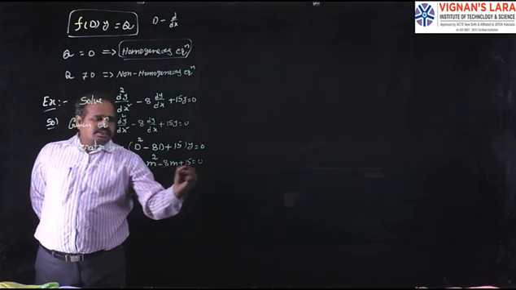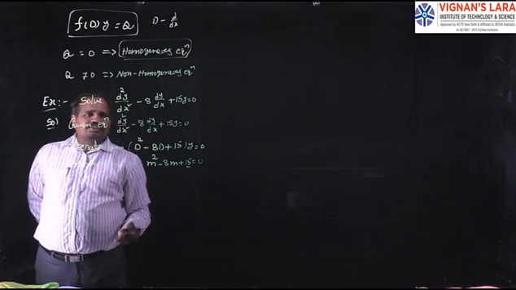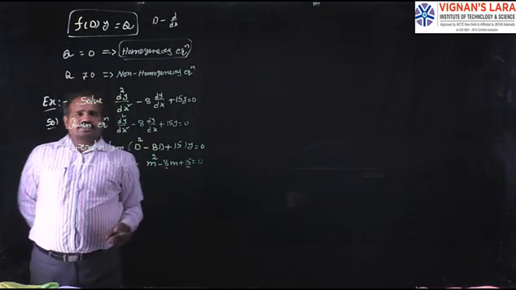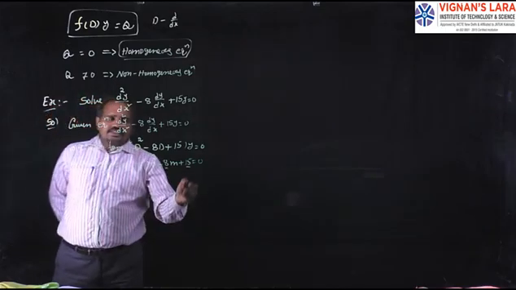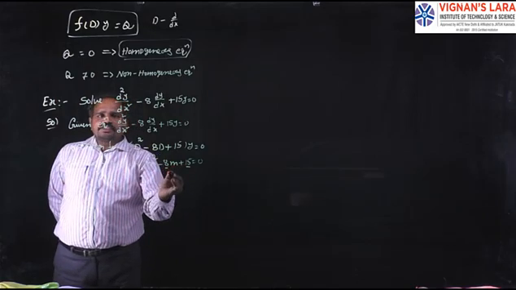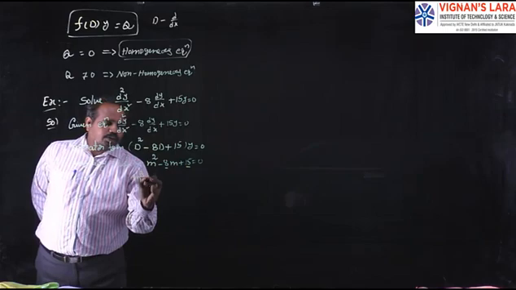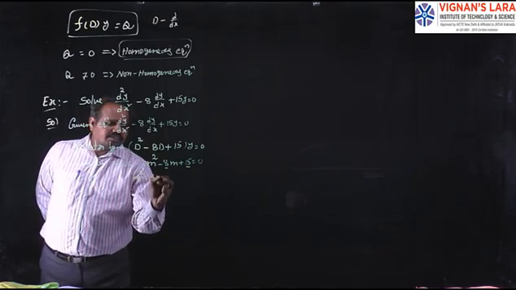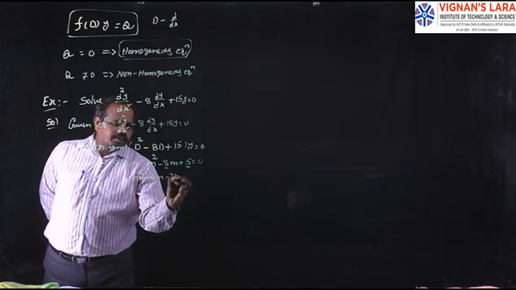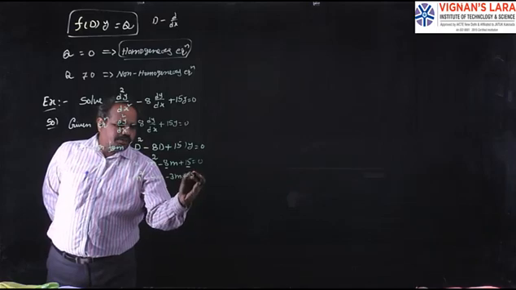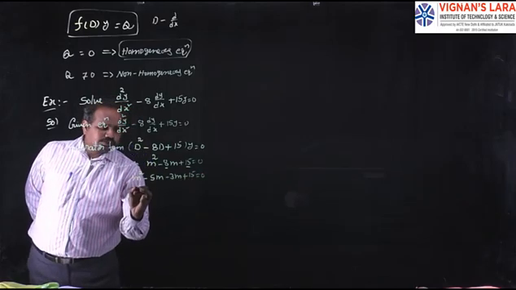So here, see this factorization. Product is 15, sum is minus 8. What are the factors? 5 and 3. 5 threes are 15, and minus 5 minus 3 means minus 8. So this can be written as m square minus 5m minus 3m plus 15 is equal to 0.